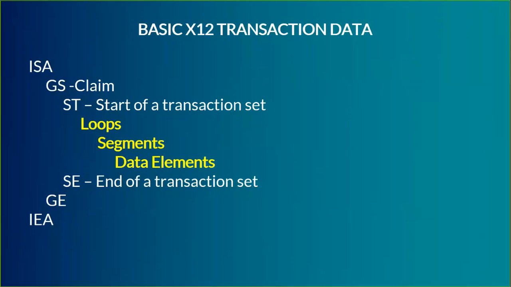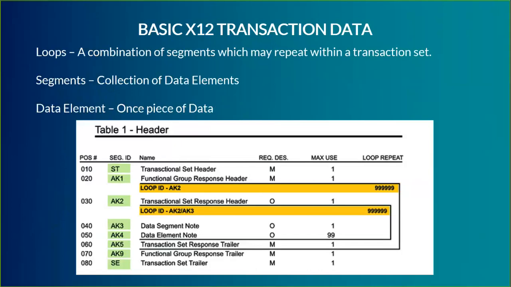Okay, I just told you what it was, and here is a picture of what a full transaction looks like. So what you see here is that there are different loops, and then there are some segments, that's the stuff in green.